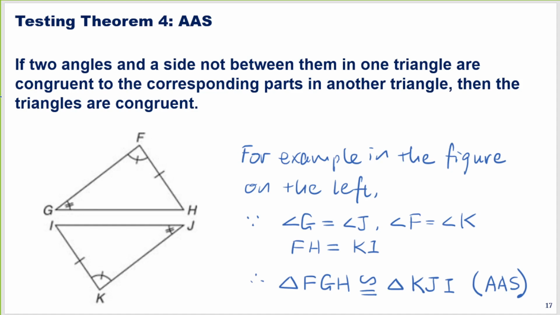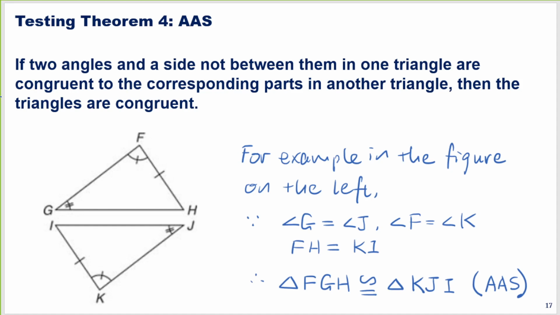For example, in the figure on the left, if we have angle G equals angle J, angle F equals angle K, and FH equals KI, we can also have triangle FGH is congruent with triangle KJI by AAS: angle, another angle, and side that is opposite to one of the angles.